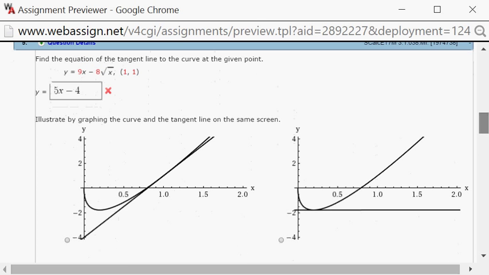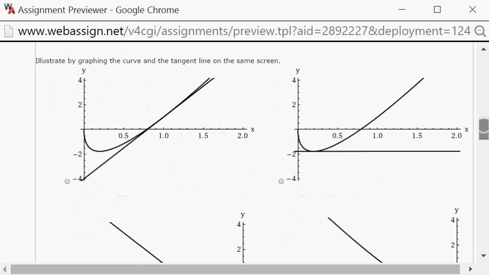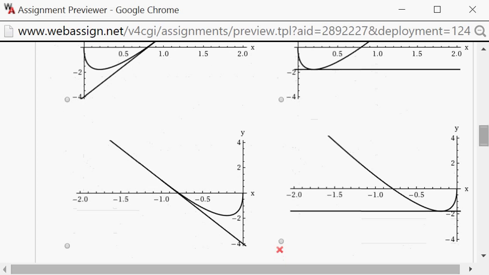Since this original function is only defined for non-negative x, because there's a square root of x, there should be a graph only on the right hand side of the y-axis. So the top two would be good, but the bottom two are not going to be correct, because the graph is on the left hand side of the y-axis.